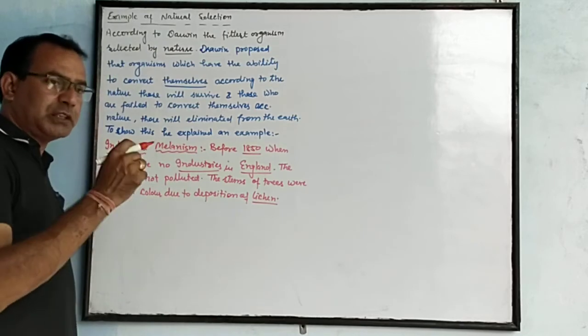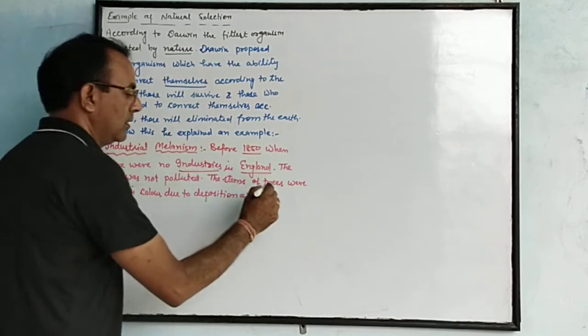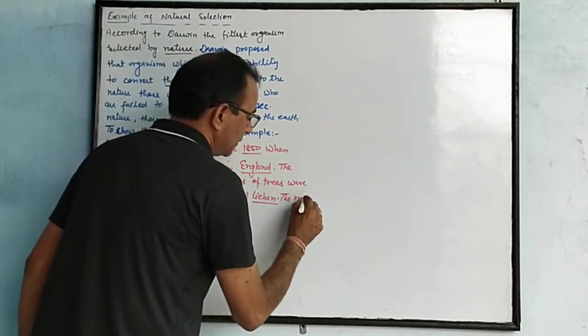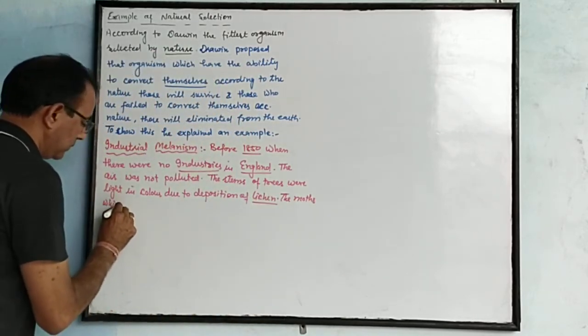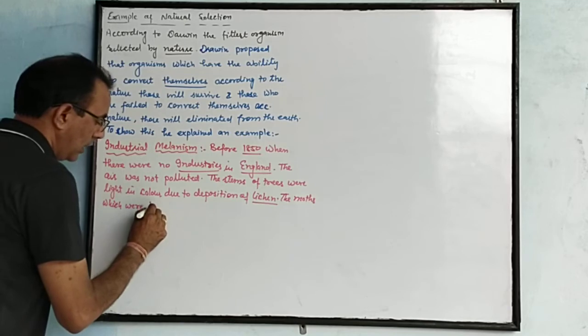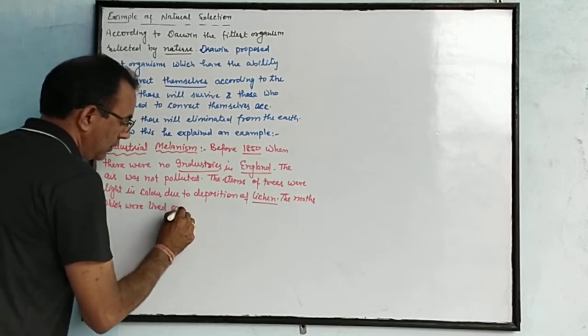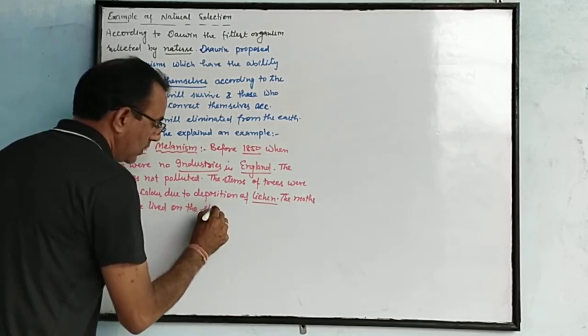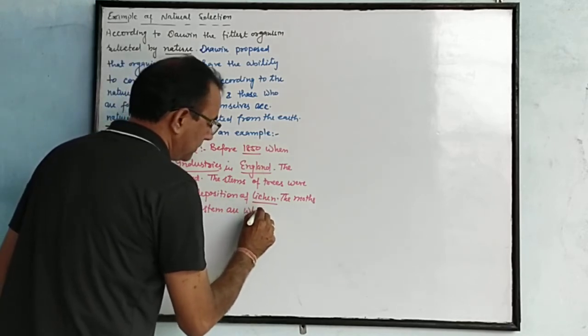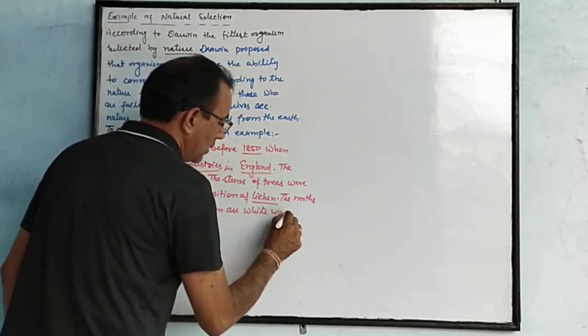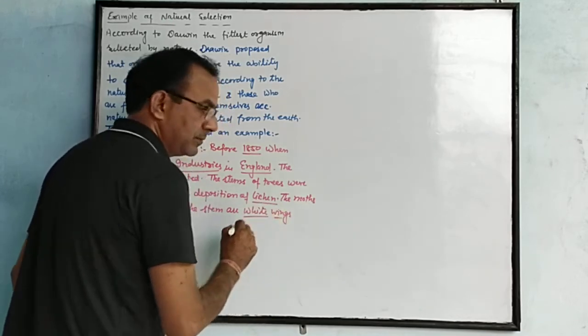The moths which lived on the stem have white wings.